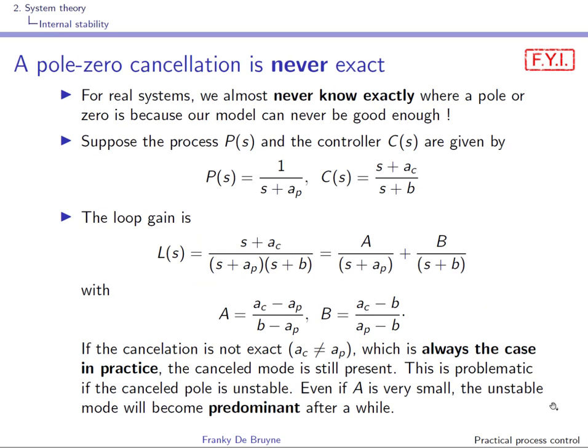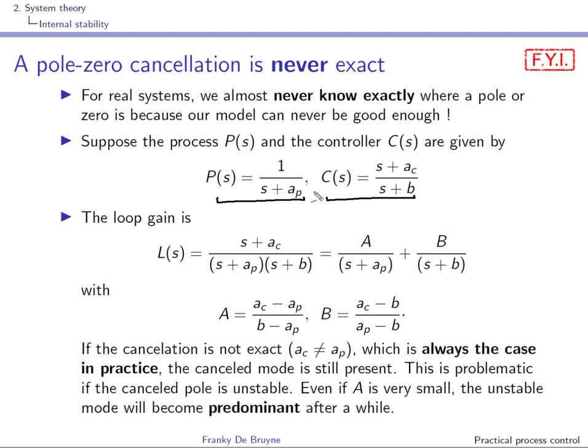For your information only, but a pole zero cancellation is never exact. For a real system, you never know exactly where the pole or zero is located because your model is only an approximation of reality. So if the process has a pole, and here it's a pole in minus AP, and you cancel it in the controller, this will be on the basis of a model.